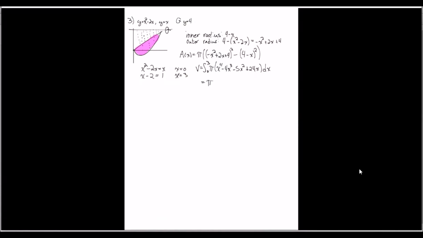Because it's an easy polynomial, we have our 1/5 x to the 5th minus x to the 4th minus 5/3 x cubed plus 12x squared from 0 to 3. And this leaves us, put those in, 153 over 5 pi.